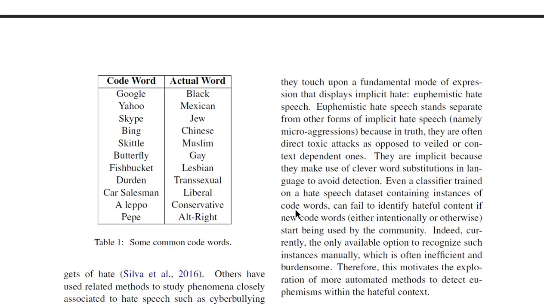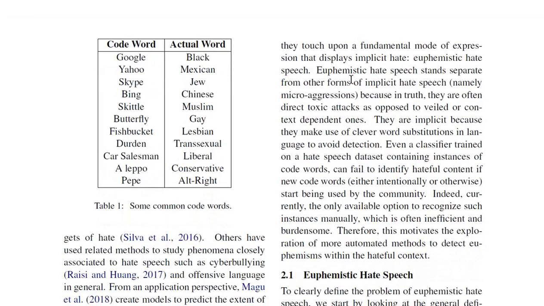As such, they touch upon the fundamental mode of expression that displays implicit hate, which is euphemistic hate speech. Euphemistic hate speech stands separate from other forms of implicit hate speech, namely microaggressions, because in truth they are often direct toxic attacks as opposed to veiled or context-dependent ones. So more often than not, if you see some recent works from 2020 or 2021 about implicit hate speech, you'll see that a lot of what they're dealing with seems to be just masking the intent behind words.